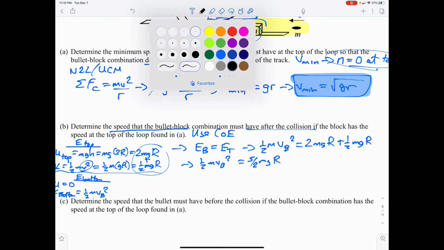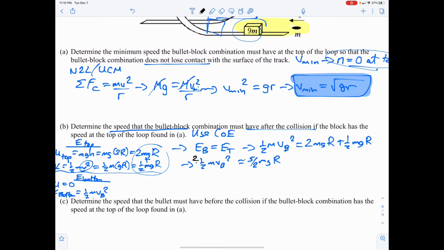Now what's nice about this is if you multiply both sides by 2, you no longer have fractions. You have m v_b squared equals 5mgr. Masses cancel, square root both sides, and v at the bottom is equal to the square root of 5gr.